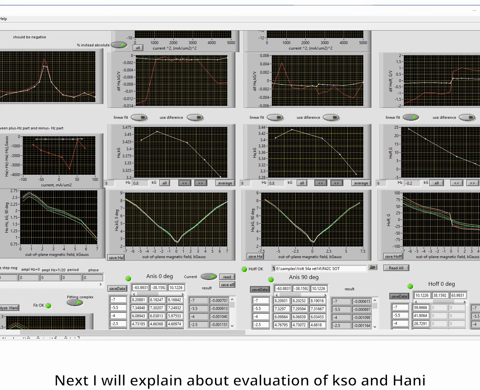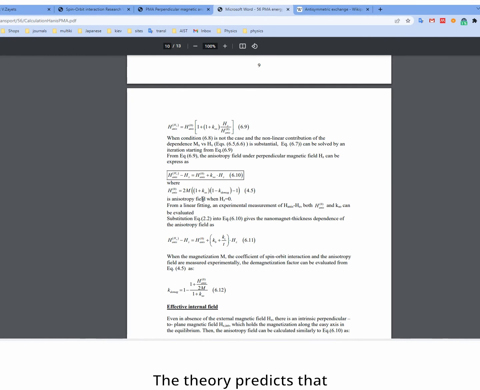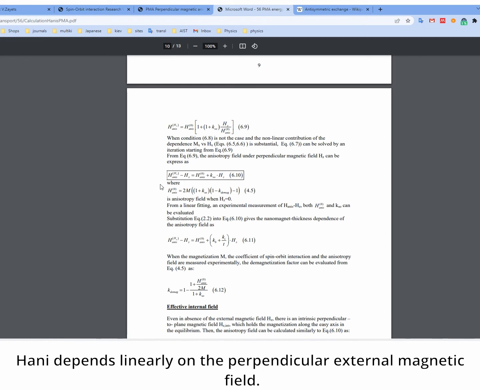Next, I will explain about evaluation of coefficient of spin-orbit interaction and anisotropy field and fitting of the oscillations. This theory predicts that anisotropy field depends linearly on the perpendicular external magnetic field as that.